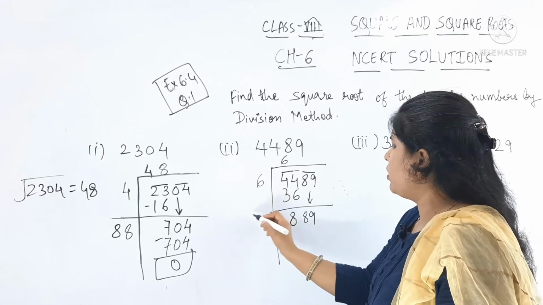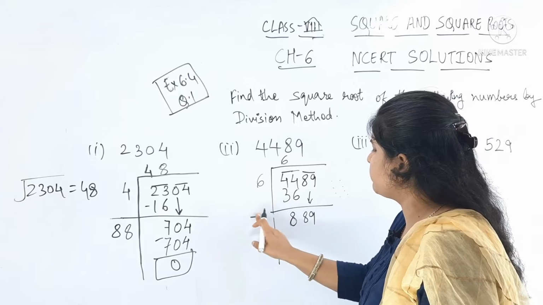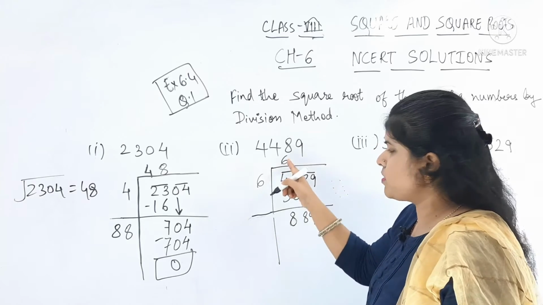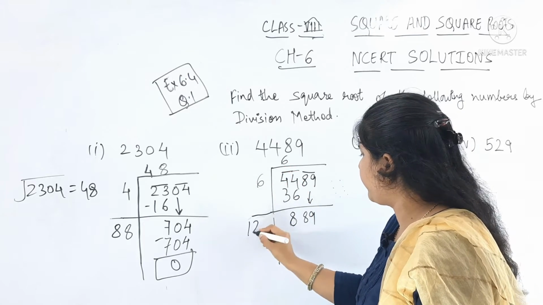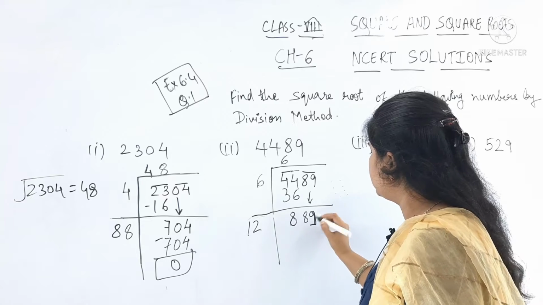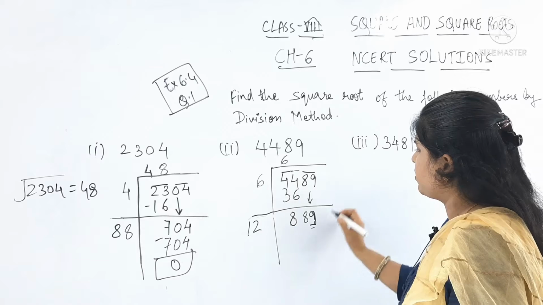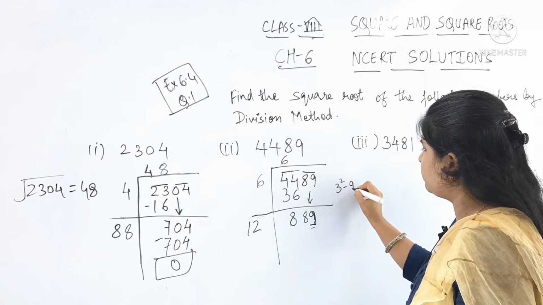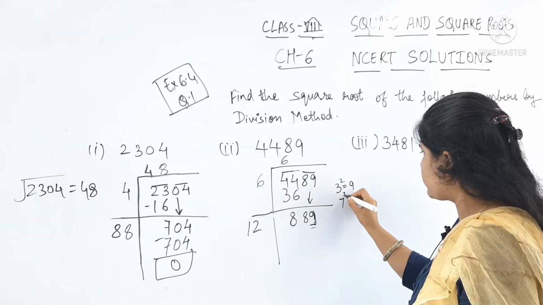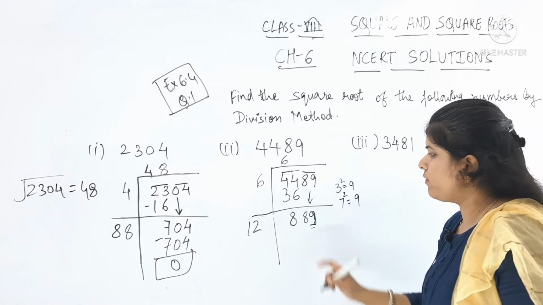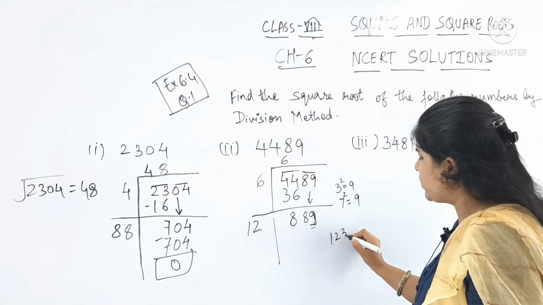Now 6 plus 6 is 12. Now we have 9 in the units place. 3 square is also 9 and 7 square is also 9. So we will check for 3, 123.